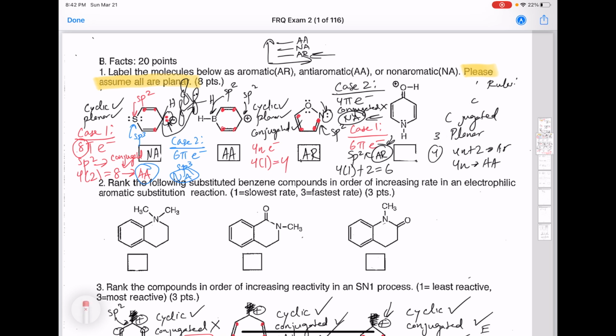Now for the last one, the last problem, we have a molecule where there is a positive charge on an oxygen, and there is also a possibility for resonance. So if we draw out the resonance structure of this molecule, where we move this pair of electrons back up, we are left with an OH group.